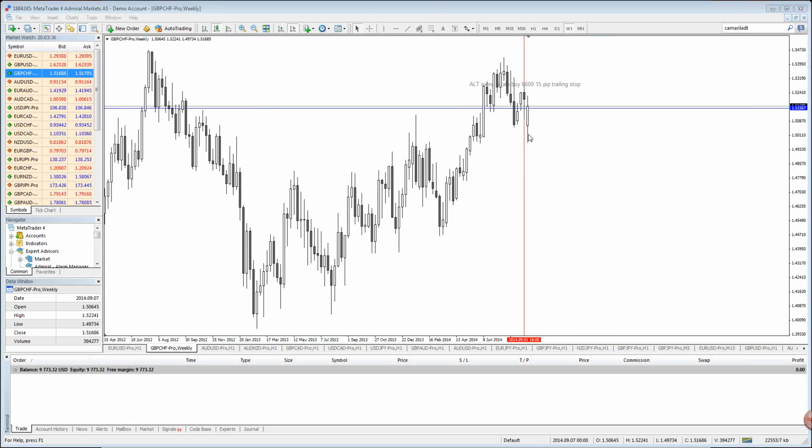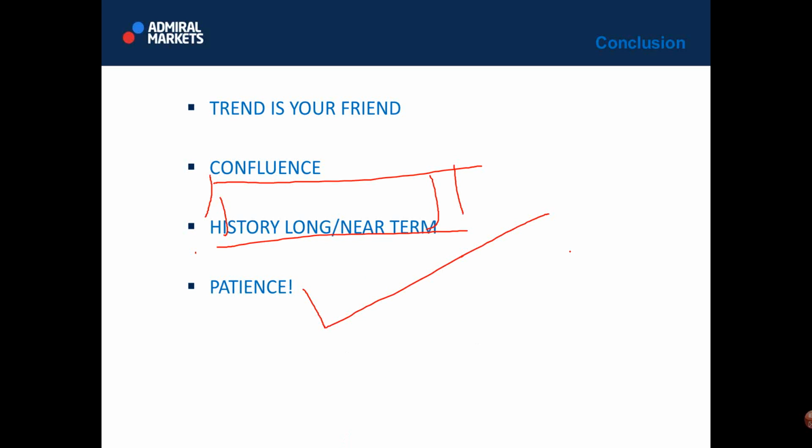Yes, it is. So that is why you should always concentrate on finding historical price action. Now I told you one secret which can be crucial to your trading: finding the history of long and near-term buyers and sellers. I know that's not easy.